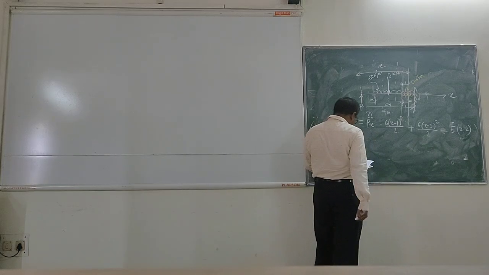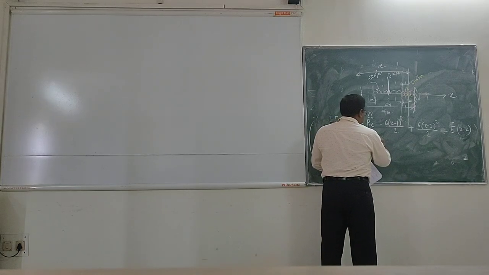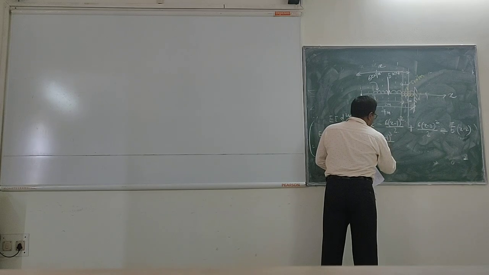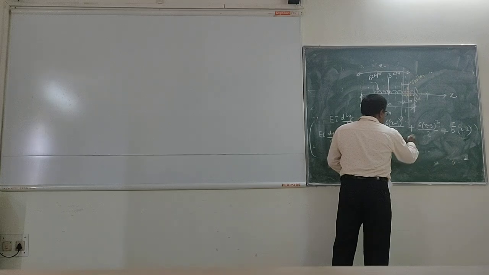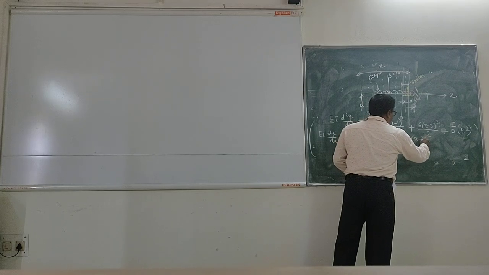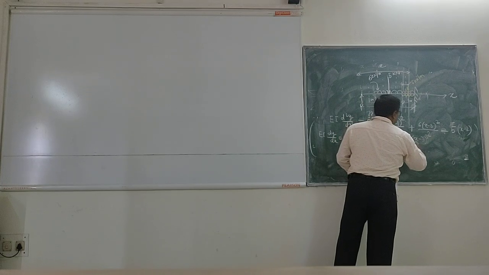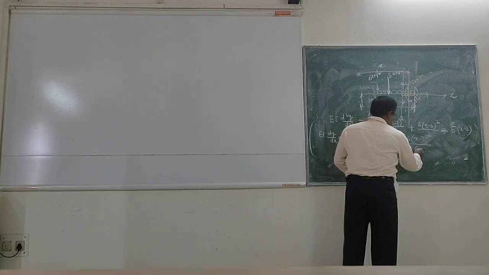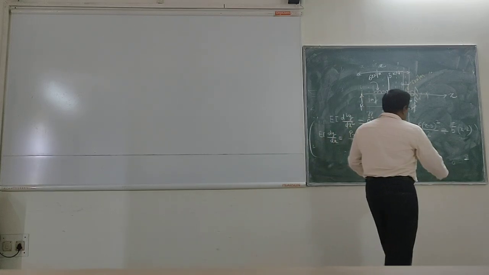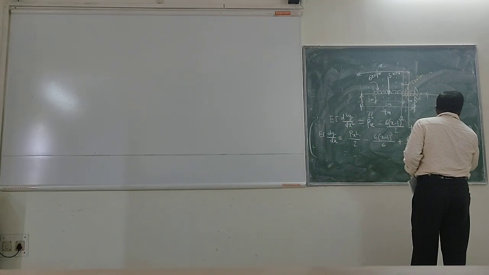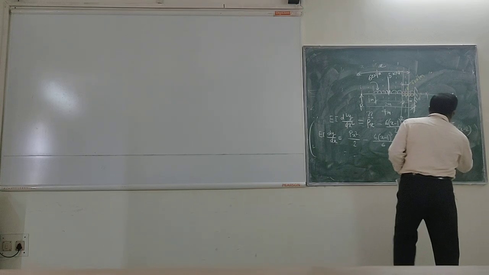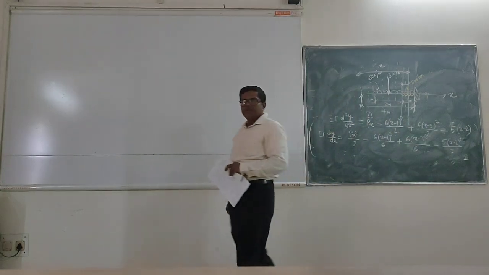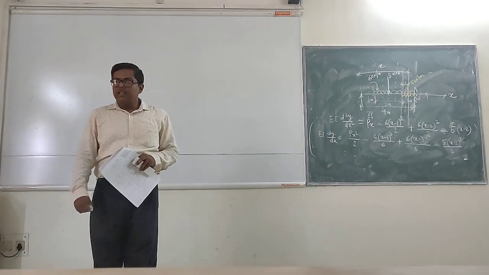Minus what will come? 6 into (x minus 1) whole cube by 6, plus 6 into (x minus 3) whole cube by 6, minus 5 (x minus 2) whole square by 2. Clear? Anything else will come?